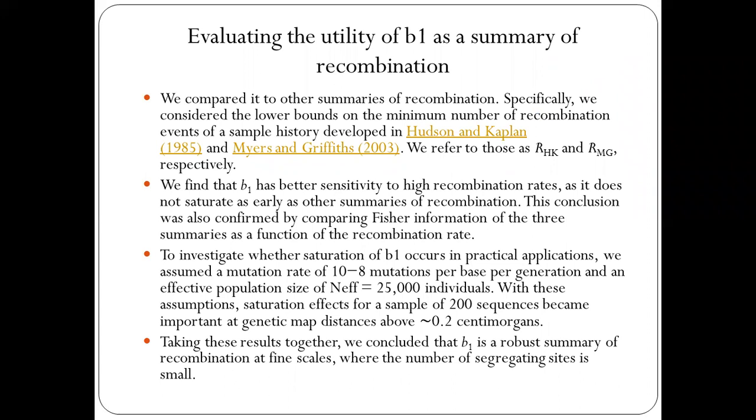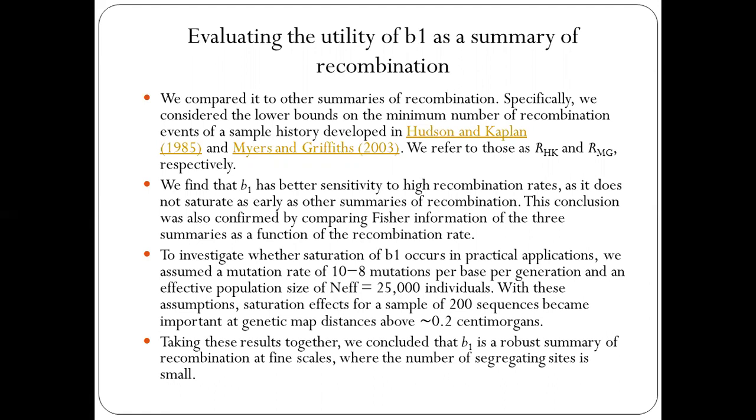We refer to those as RHK and RMG respectively. We find that B1 has better sensitivity to higher recombination rates and does not saturate as early as the other summaries of recombination. This conclusion was also confirmed by comparing Fisher information of the three summaries as a function of the recombination rate.